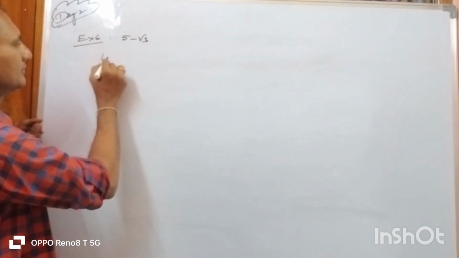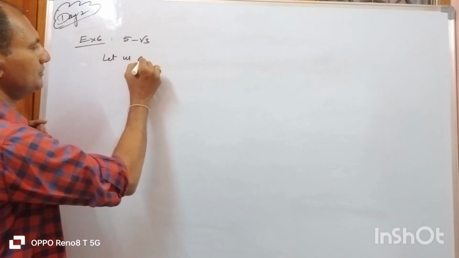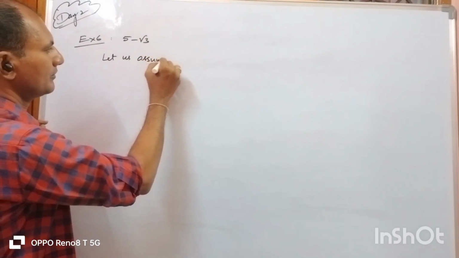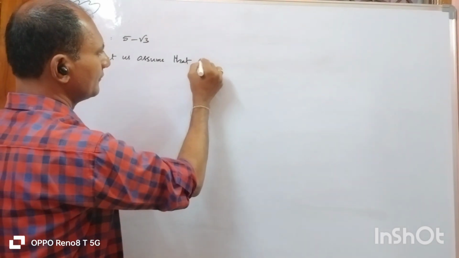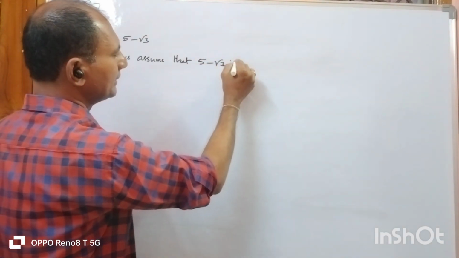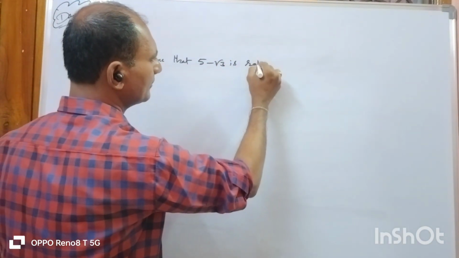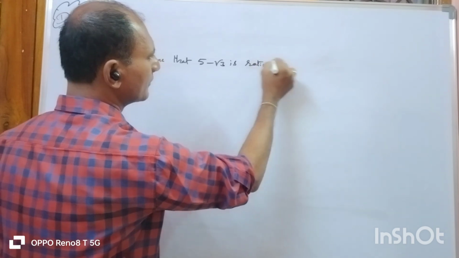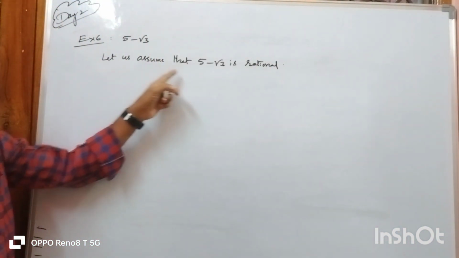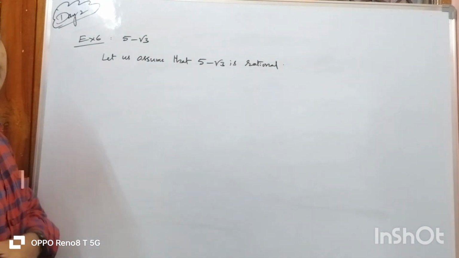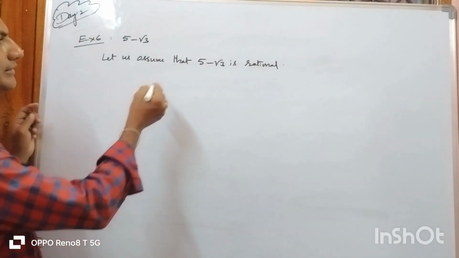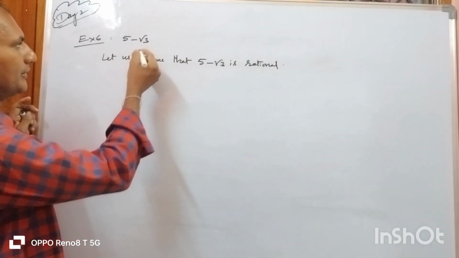Let us assume that whatever is given, 5 minus root 3, is rational. What is rational? Rational means how will you write it? It is in the form of p by q, right?